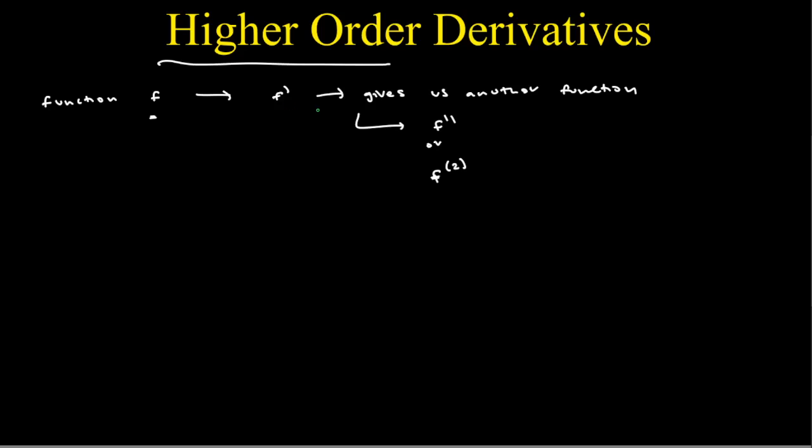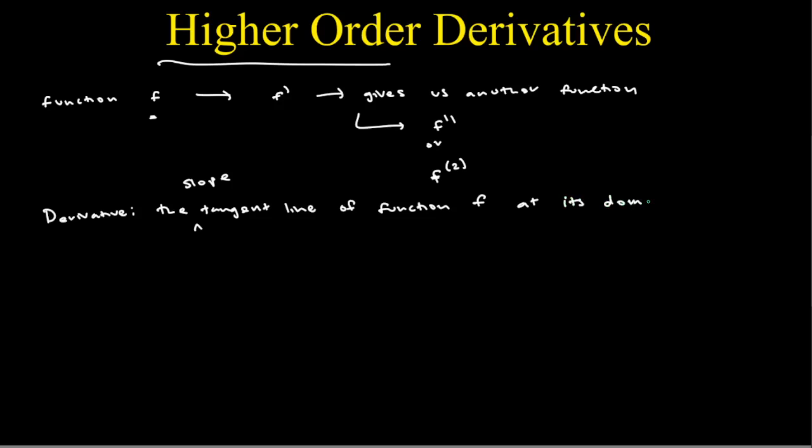And why do we need these higher order derivatives, you might ask? So we know the derivative is the slope of the tangent line of function f at its domain points, right?